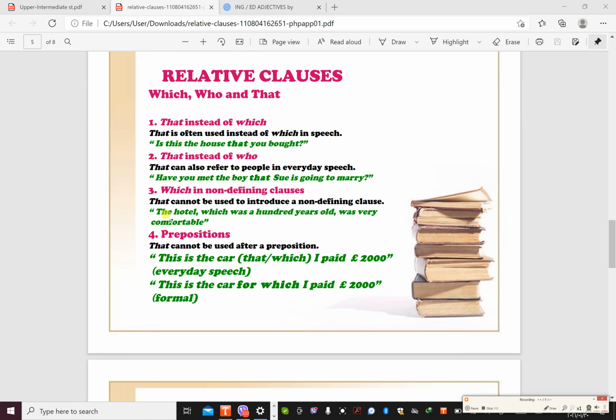Which, all of us know, is often used in speech, and it is used when we talk about a person or a human or non-human.